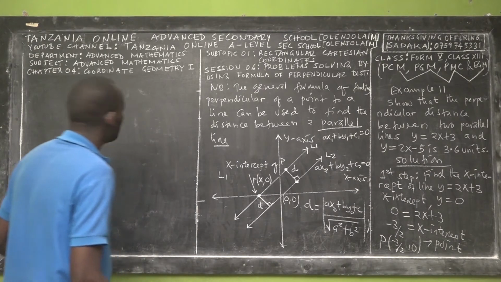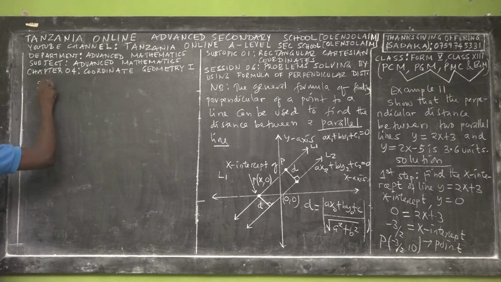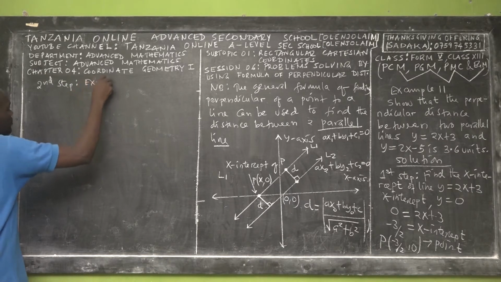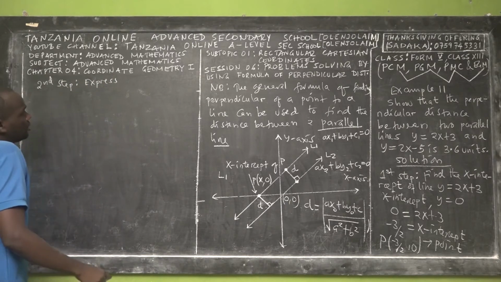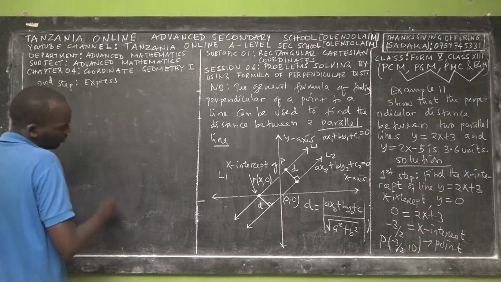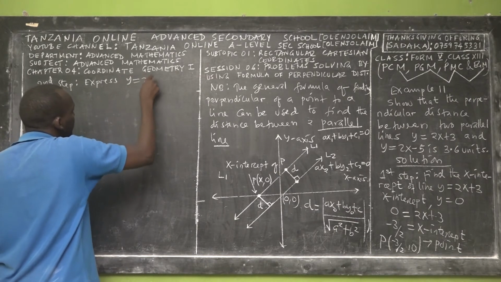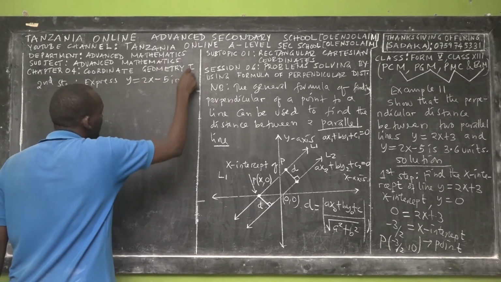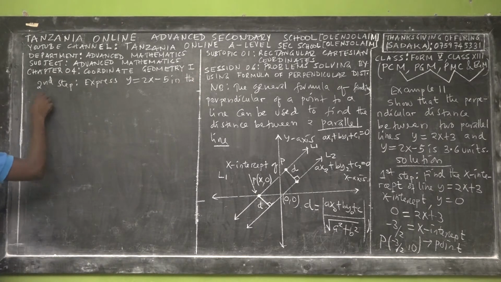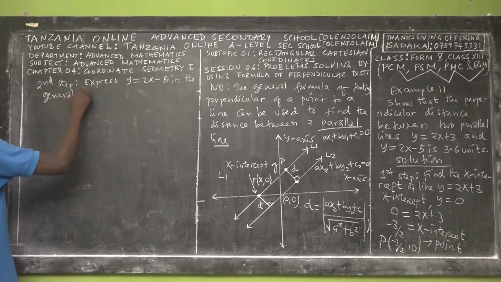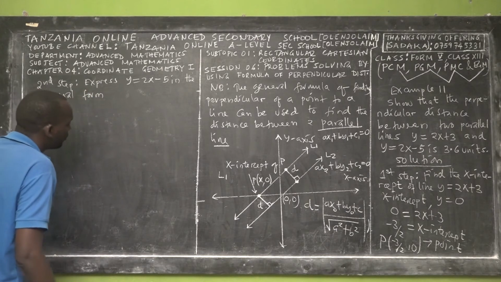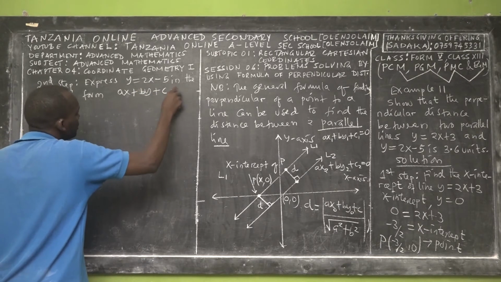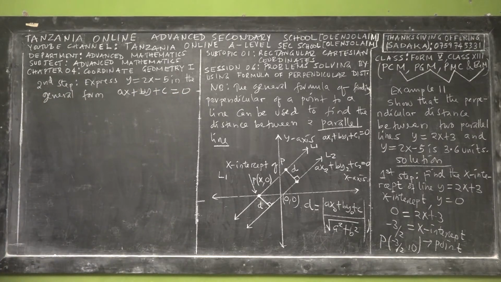Okay, so the second step, we have to express y is equal to 2x minus 5 in the standard or general form, which is a x plus b y plus c is equal to 0.